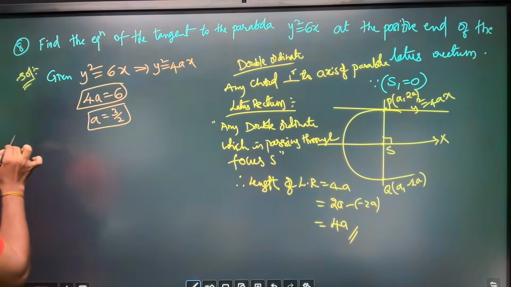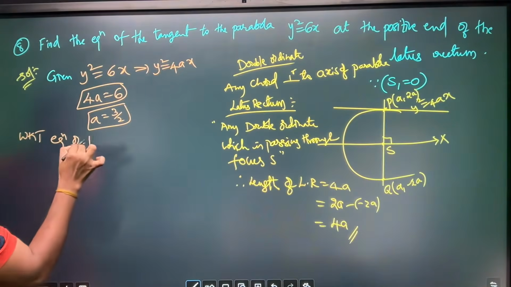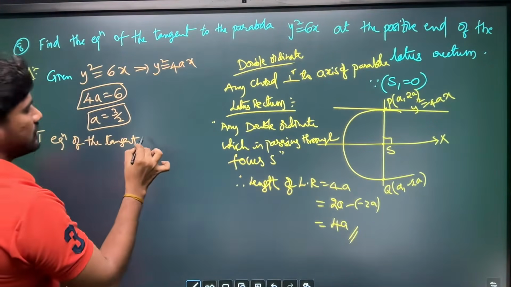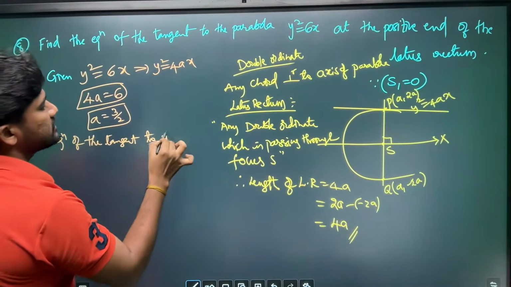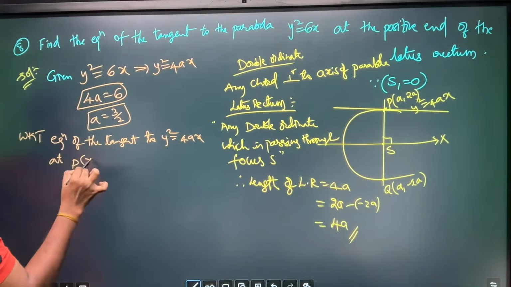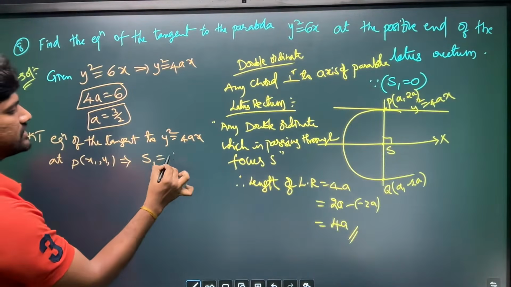See, we know that the equation of the tangent to y² = 4ax at P(x1, y1) is, what is the condition? S1 = 0.